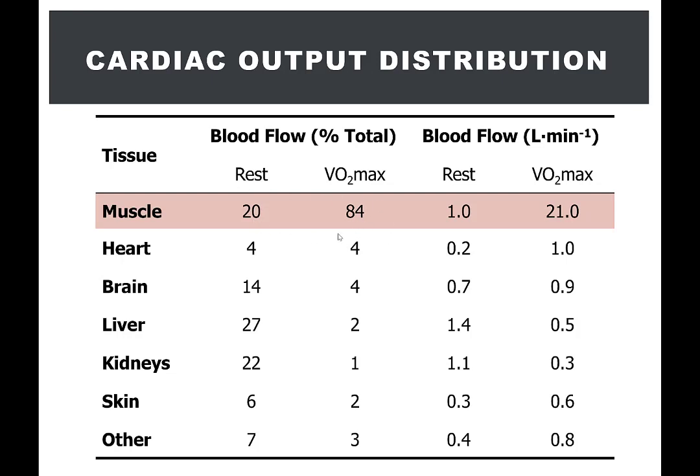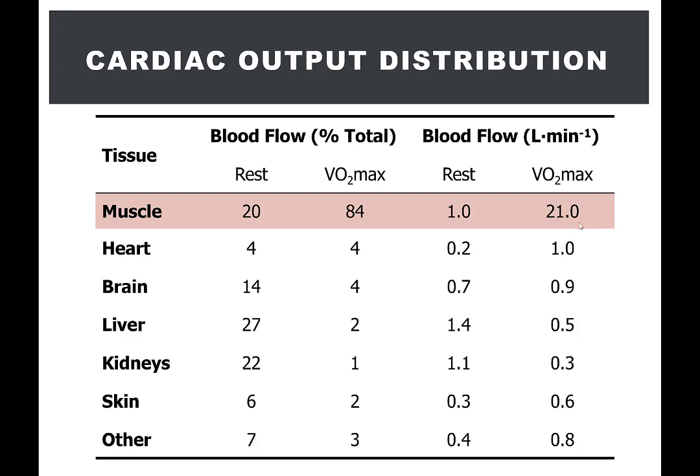Now, if you look at this from an actual cardiac output perspective in liters per minute, you can clearly see that muscles receive increasing arterial blood flow from rest to maximum intensity exercise. And this should make sense to you as to why.